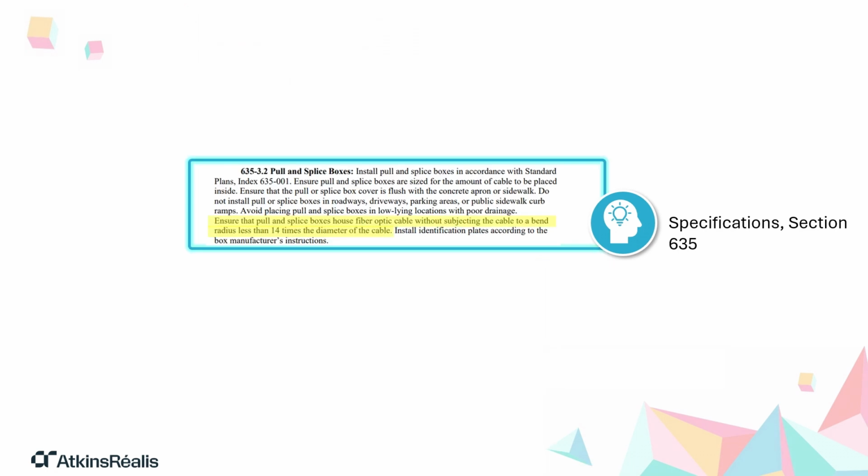Keeping with the minimum bending radius, section 635, which is the pull box and splice vault section, also identifies that fiber optic cabling shall not be bent to a minimum bending radius less than 14 times the diameter of the cable when installed in boxes for long-time storage.